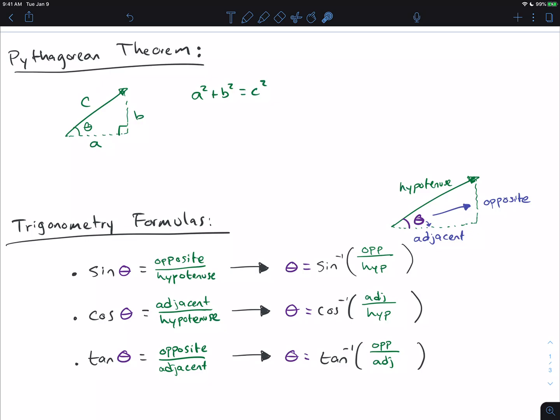So already we can see that this could help us if I knew my components. If I knew, let's say this was X and this was Y, I could use these together in my Pythagorean theorem to find the length of this side of my triangle, which is my magnitude, right?